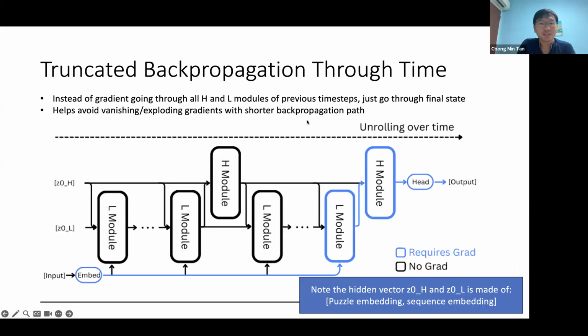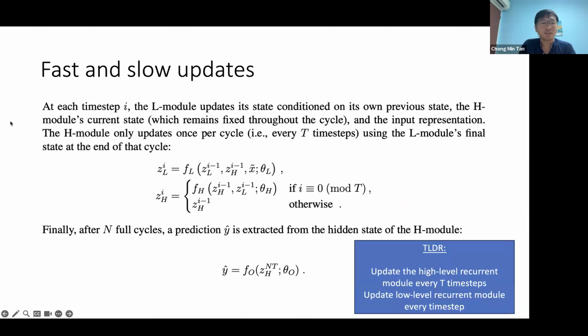So you look at this: this is time step I, and this is time step I as well. The time step I low-level module gets fed into the H module at time step I. So yes, indeed, there's a typo there. Thanks for bringing that up. Here it should be I.